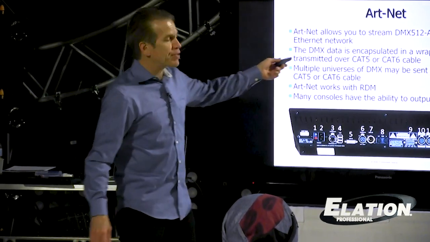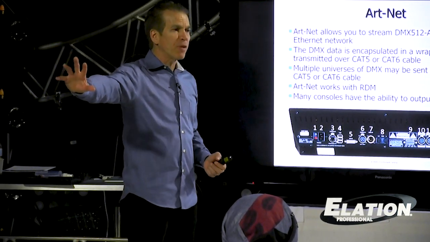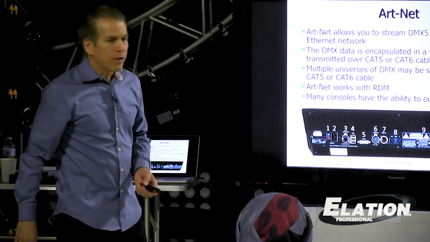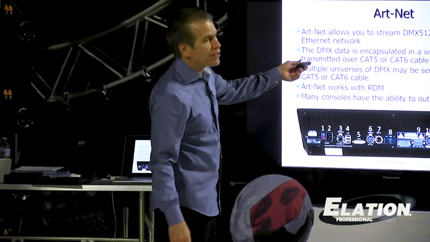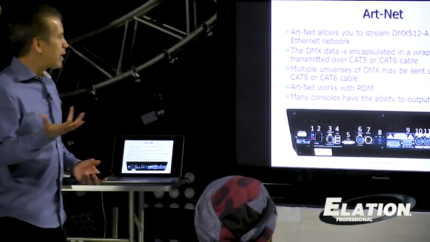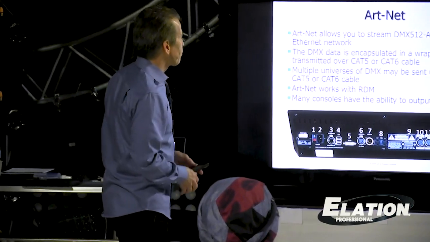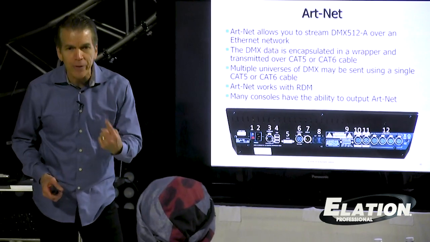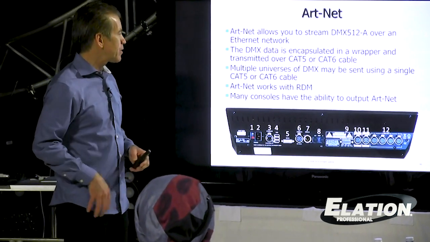So it takes the DMX data that's generated by the console, it puts it in an Ethernet wrapper, and it sends it out over the network using a Cat5 or Cat6 cable. The receiver gets it, takes out the data, and now it's got the DMX data. The advantage is you can send multiple universes of DMX over a single Ethernet cable, whether it's Cat5 or Cat6.